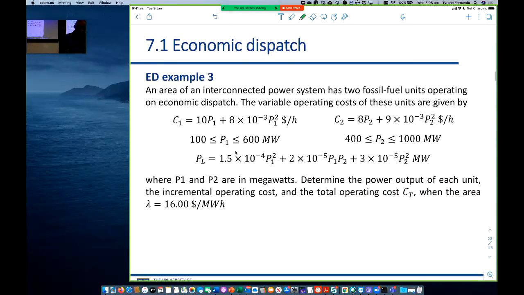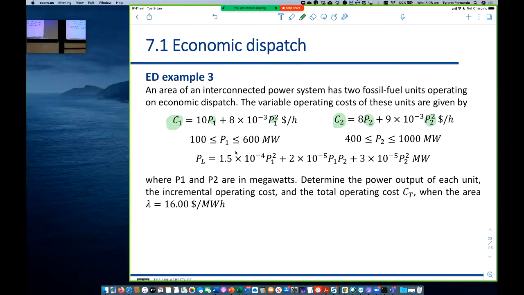All right. So let's look at an example here. The cost for generator 1 is a function of the power it's going to produce. The cost of generating electricity using generator 2 is a function of the power that it will produce.